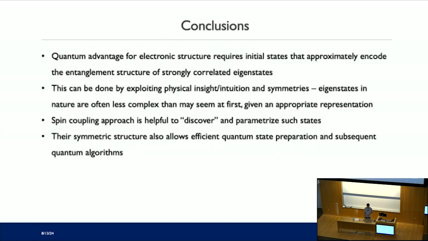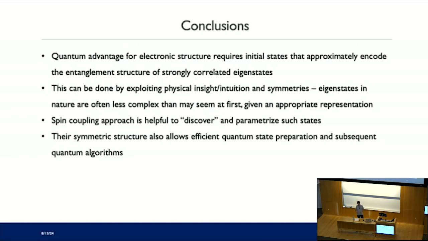Okay, so just to conclude, I've claimed that to obtain quantum advantage in electronic structure, we need to focus on strongly correlated problems. And for that, we need good heuristics to approximate these states, either classically or quantumly. I've also claimed that this can be done by exploiting physical insight into the mechanism going on in these molecules and symmetries.